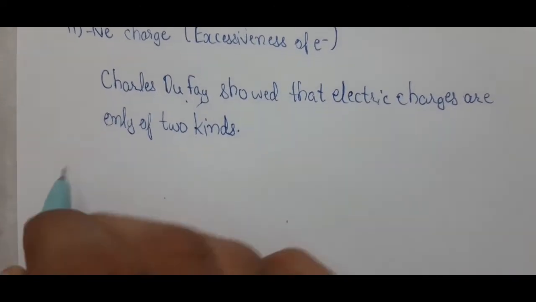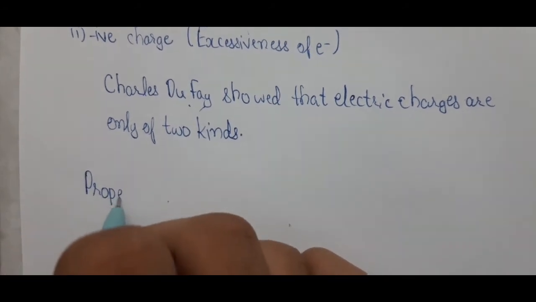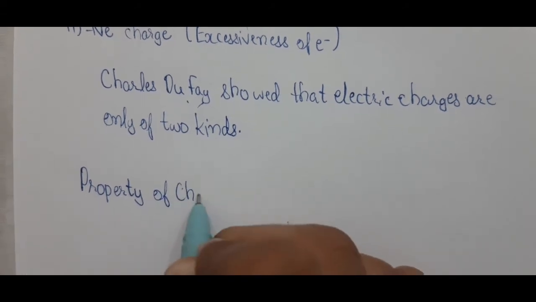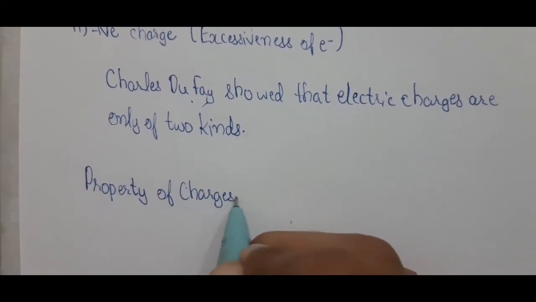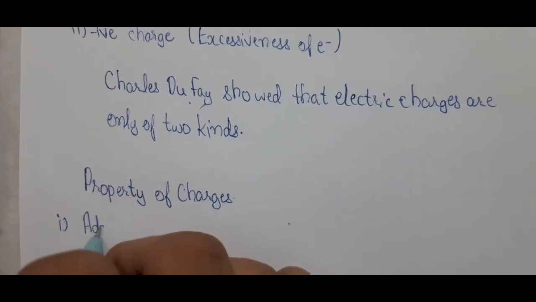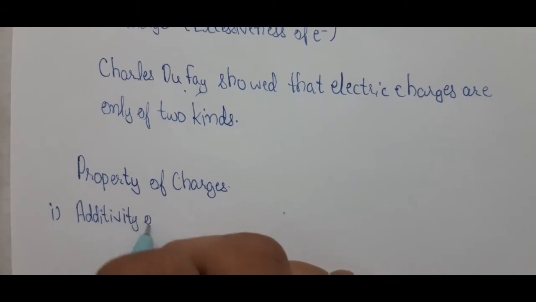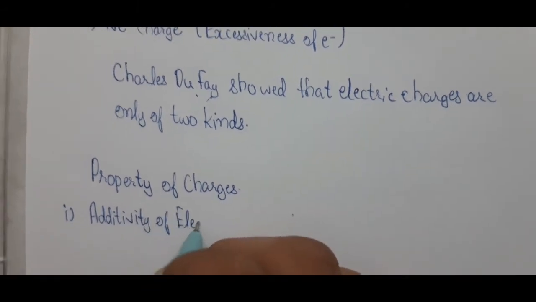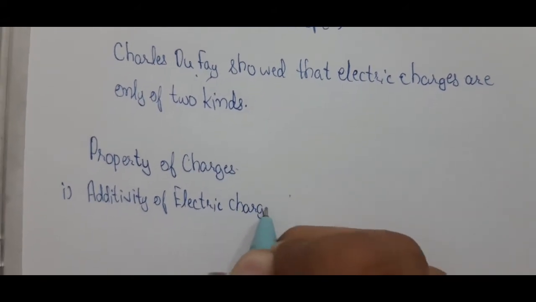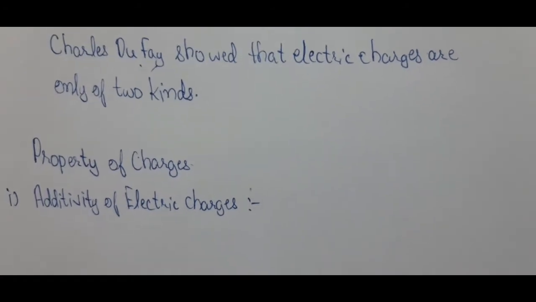So next comes the properties of charges. The first property is additivity of electric charges. Let's discuss this property.